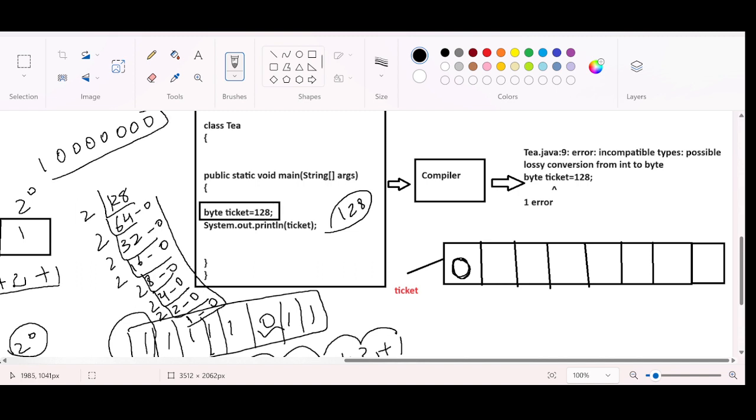So this is what we got, right? Let us place the same values here: 1 and 7 zeros. We have spaces for 1 2 3 4 5 6 7 zeros.